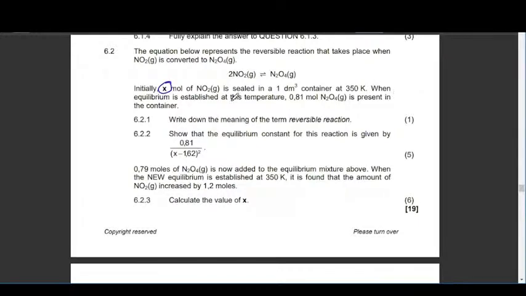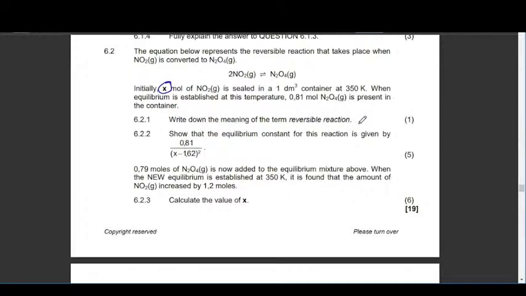When the equilibrium is established at that temperature, 0.81 moles of dinitrogen tetraoxide is present in the container.